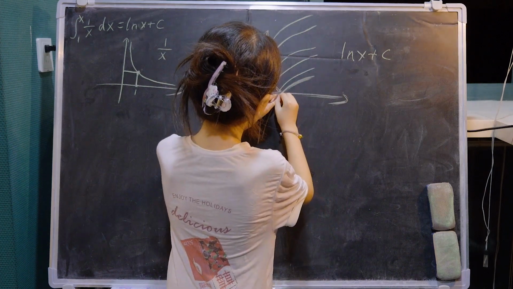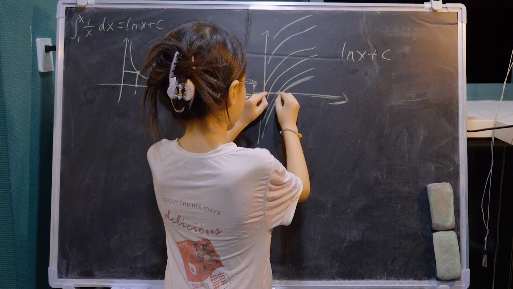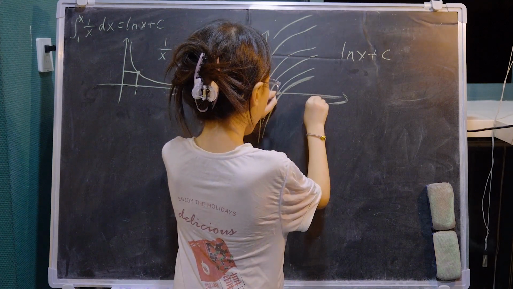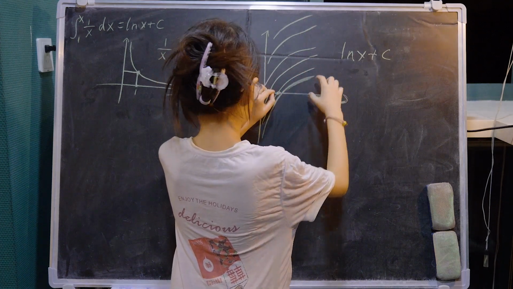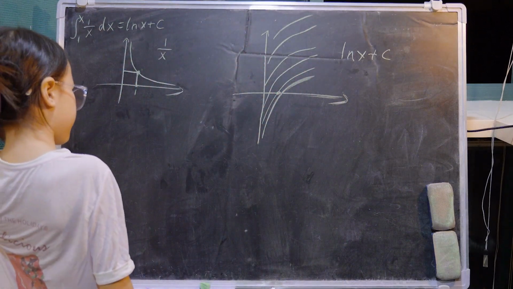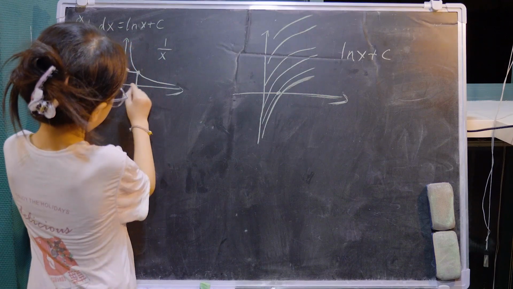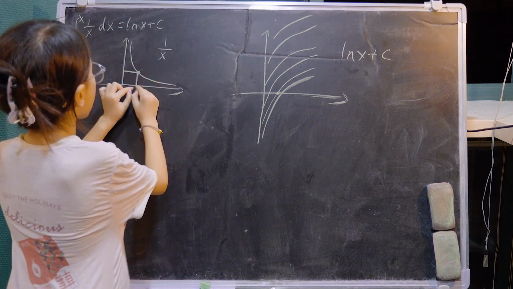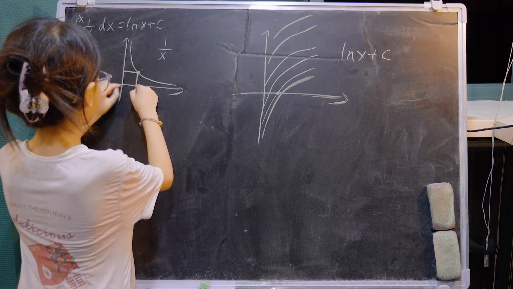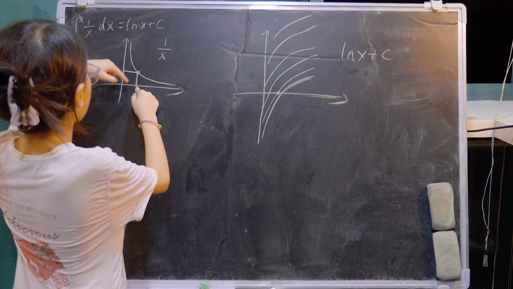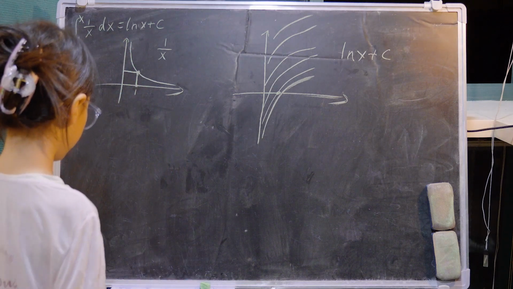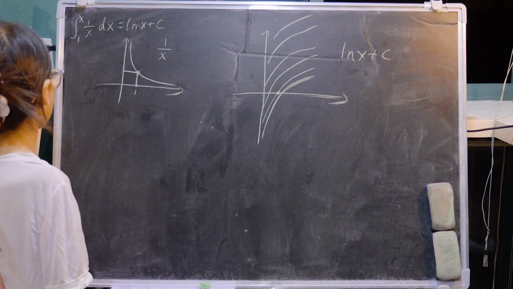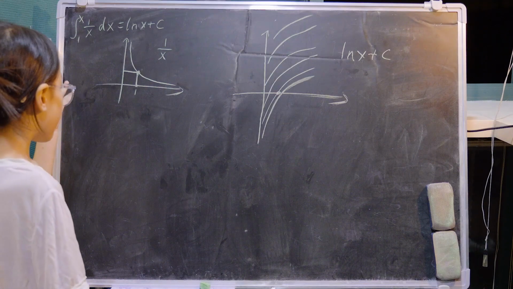When x moves left, the y change is going to be negative, and when x moves right, the y change is going to be positive. Because when x moves to the right the area is positive, but when x moves left the area is negative. So now we have solved the intuitive part of the problem.